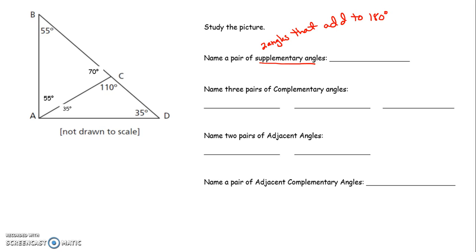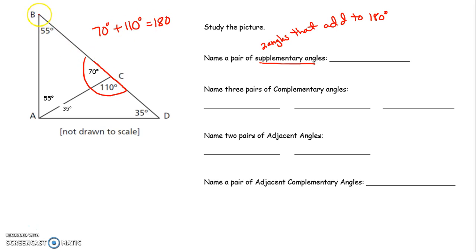There might be several angles in here that are supplementary, but as I look here and see this straight angle, I can see that 70 degrees plus 110 degrees will get me to 180.